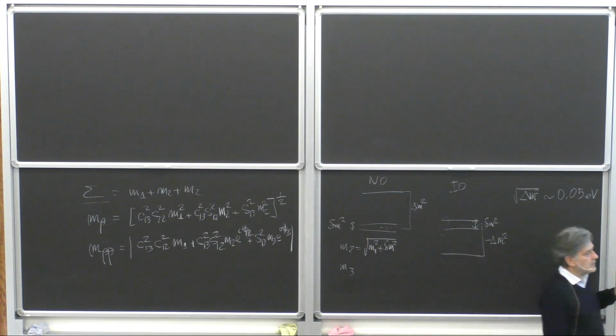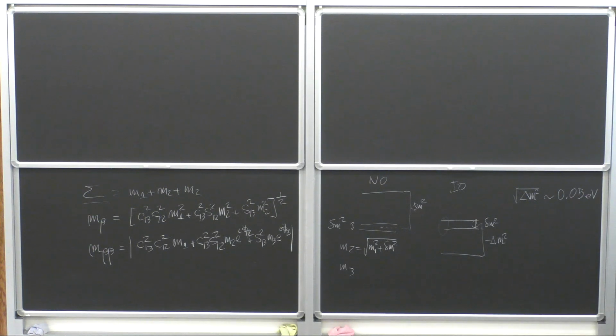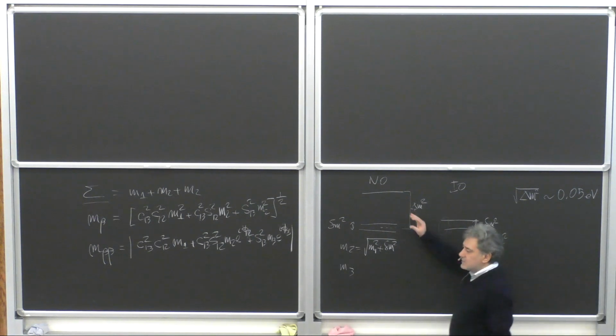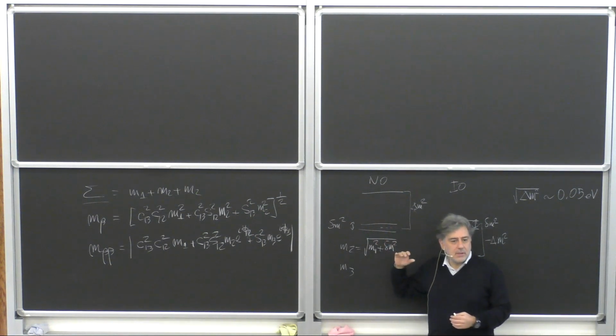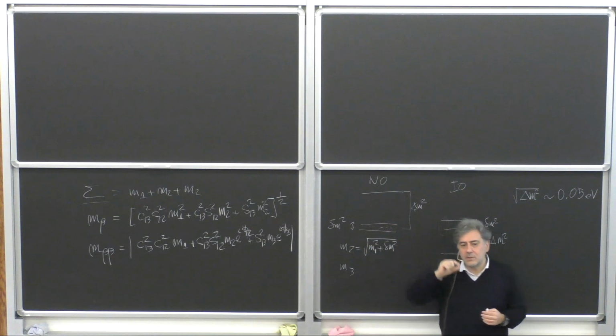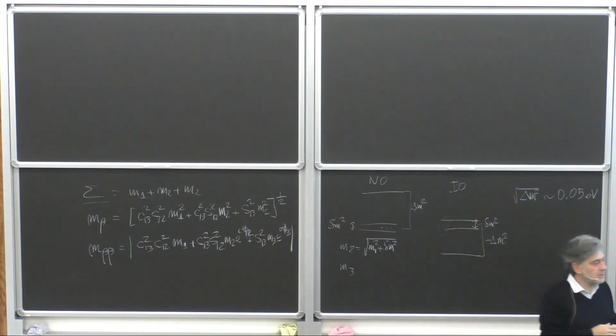But as you see, there is some, not tension, but disagreement between what accelerator neutrino experiments prefer and all the rest. Then, cosmological data are not very sensitive to the details of the spectrum, okay? Too small are the mass differences to give you some information.